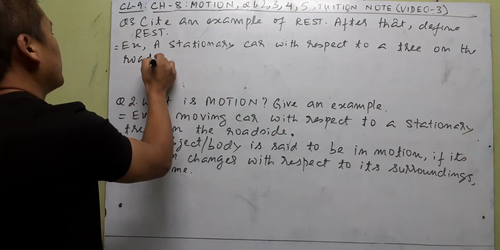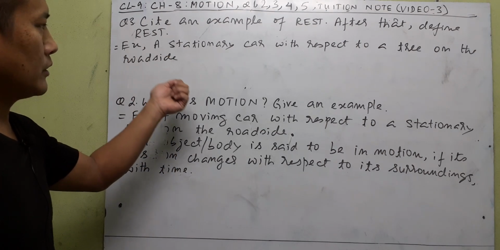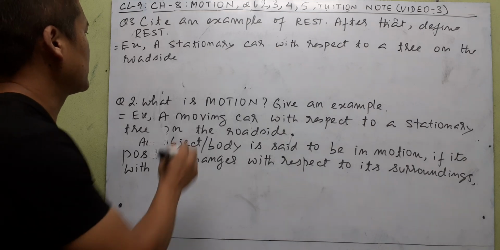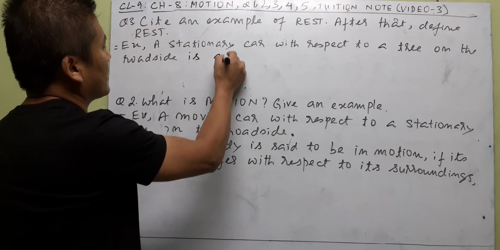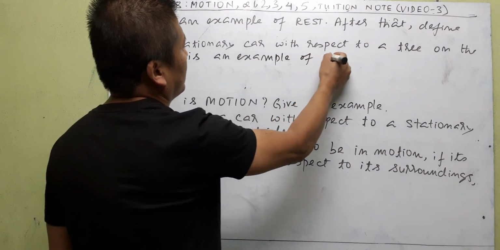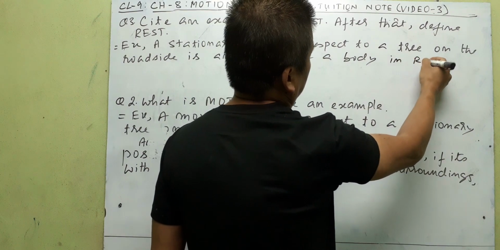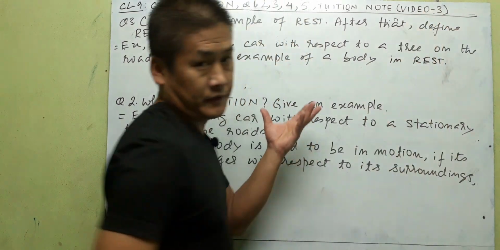You know that the tree never moves, so it's already stationary even if you don't mention. A stationary car with respect to a tree on the roadside is an example of a body in rest. So we get this very clearly, right?